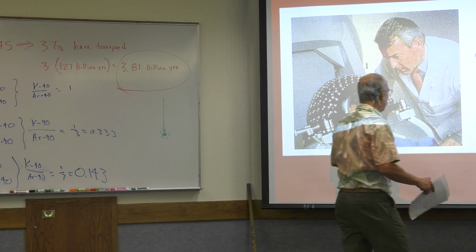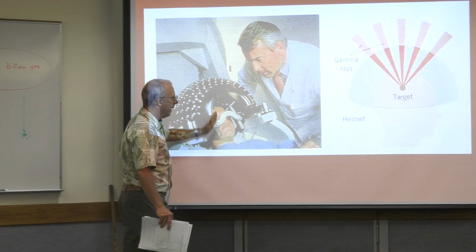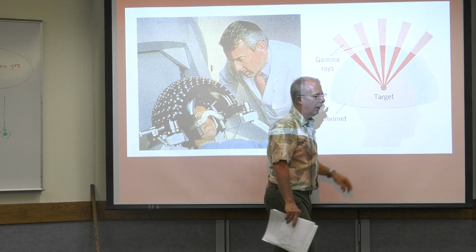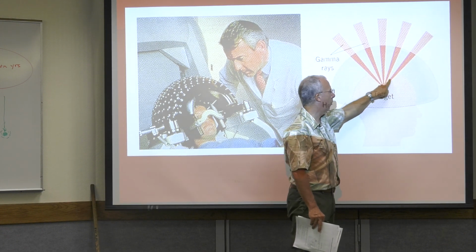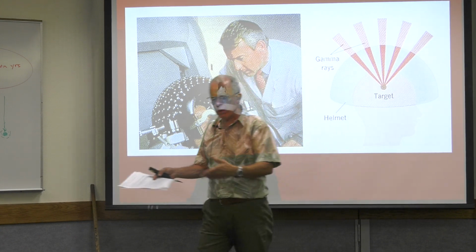In other words, they have 200 radioactive sources, and they make it so the beams intersect at the target. This way, you're not wiping out a whole lot of cells around the tumor, which is awesome, right?